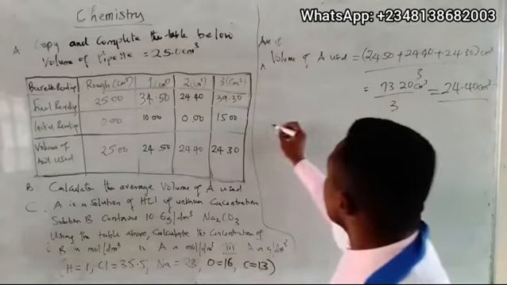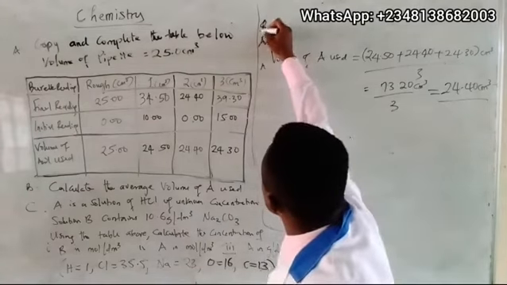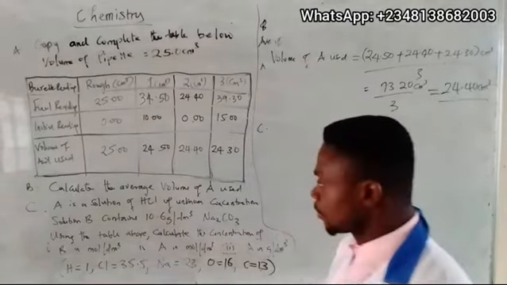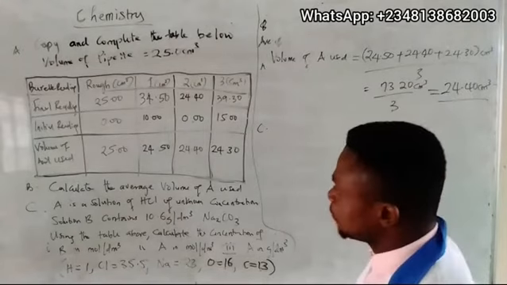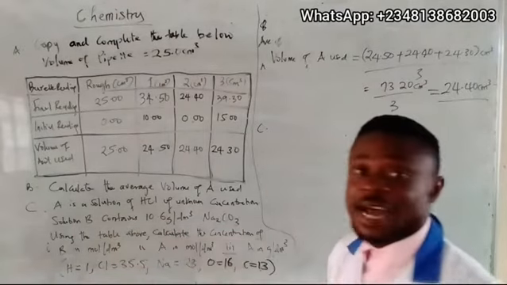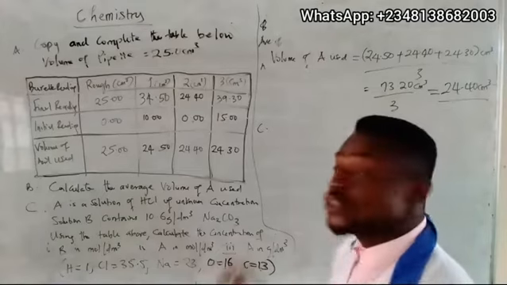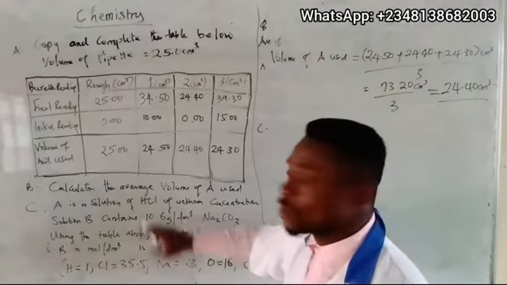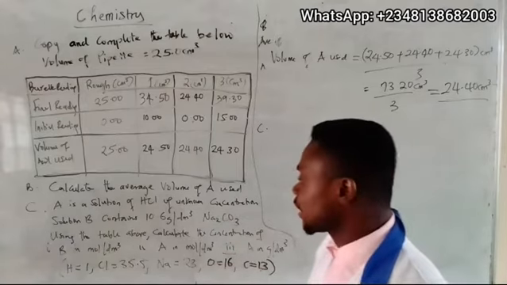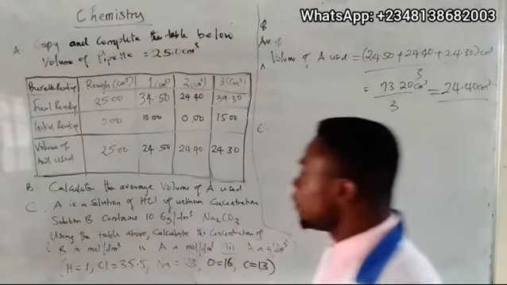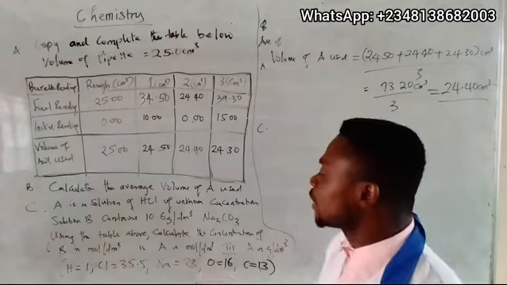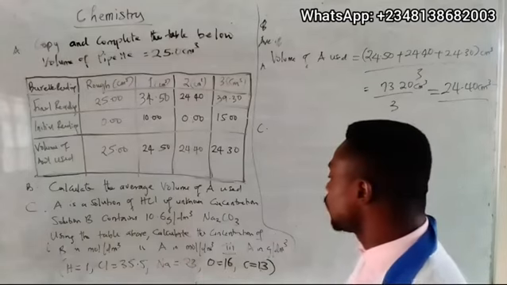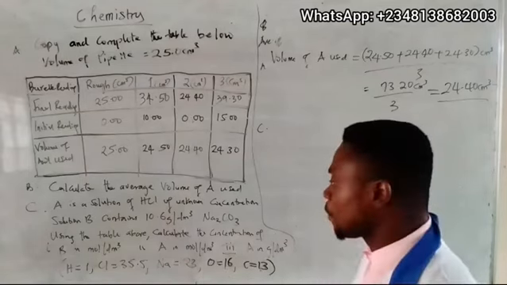Now let's go to the C part. This is B. Let's go to the C part. The C part says A is a solution of hydrochloric acid of unknown concentration. Actually, we don't know the concentration of the hydrochloric acid. Then B contains 10.6 gram per dm cube of sodium trioxocarbonate(IV).